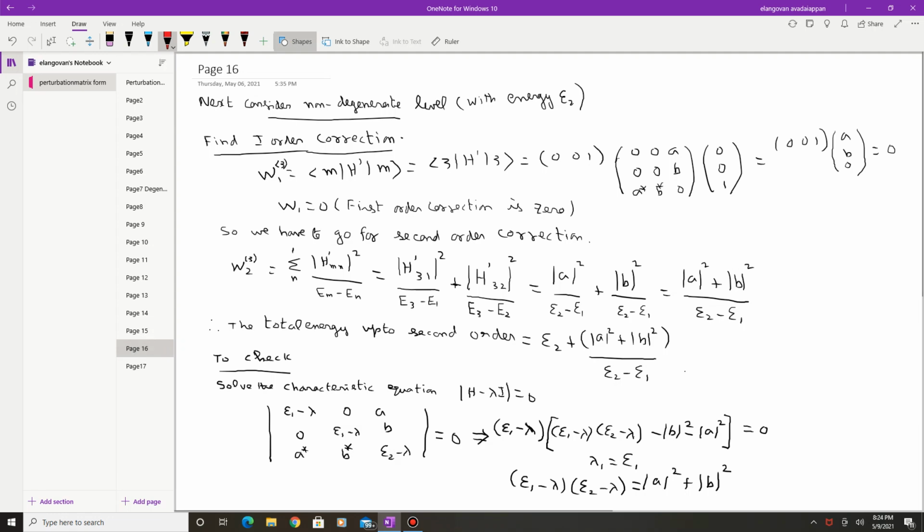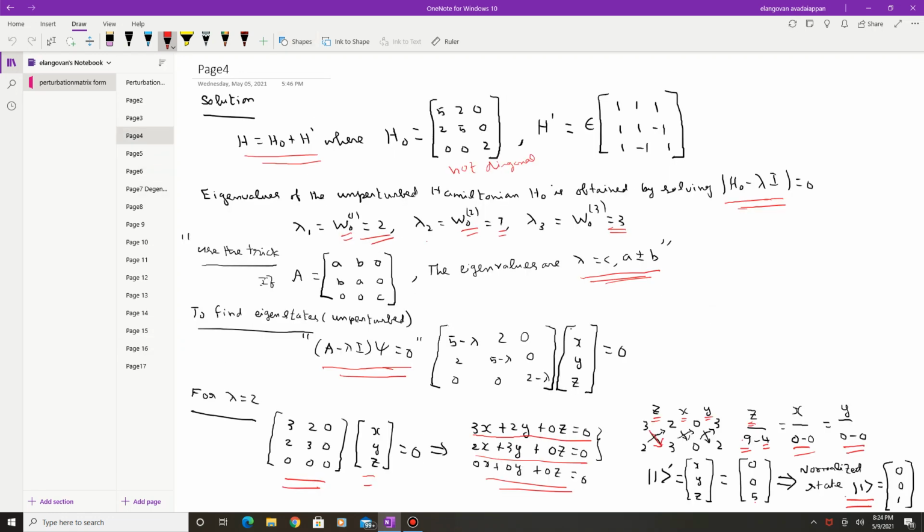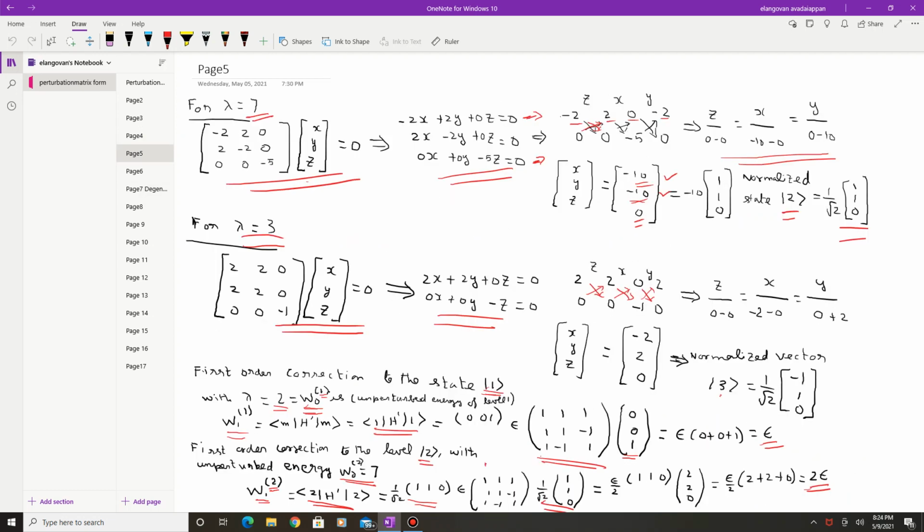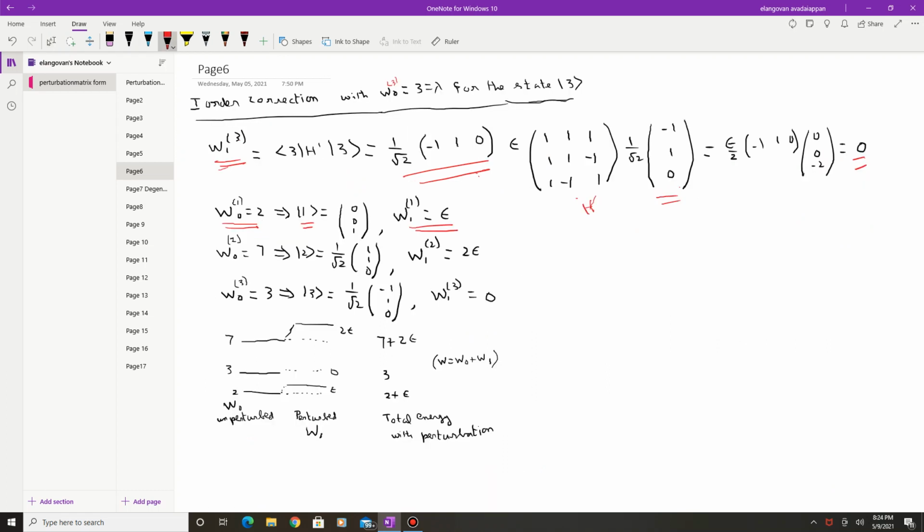For the second state, the unperturbed energy W0 is 7, the unperturbed state is represented by ket 2, which is given like this, and the correction in energy for this state is 2 epsilon.